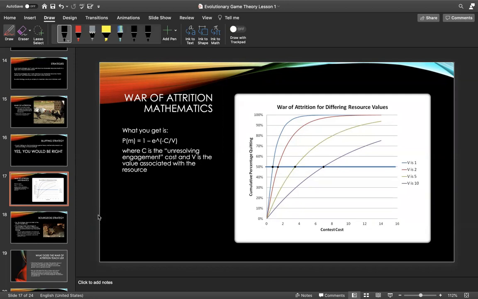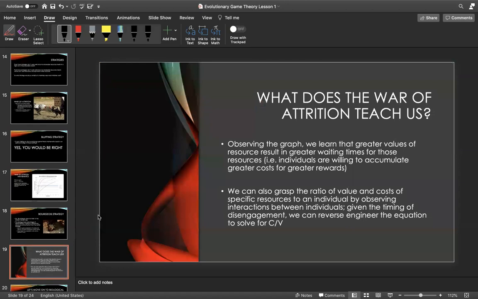Those are things you might think are beyond the scope of anything, like understanding how an individual perceives the value of something. But it turns out those things are mathematically reflected in how they interact with different resources, which is why game theory can be interesting, because you have that ability to reverse engineer to yield insight into aspects like value and costs just by observing nature and then using a mathematical model.